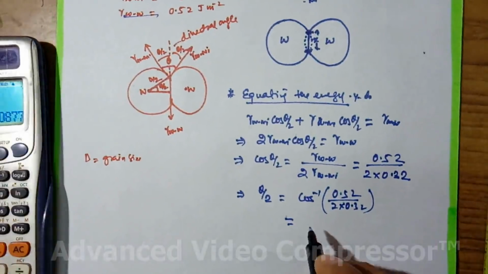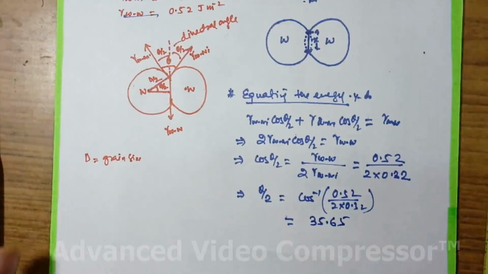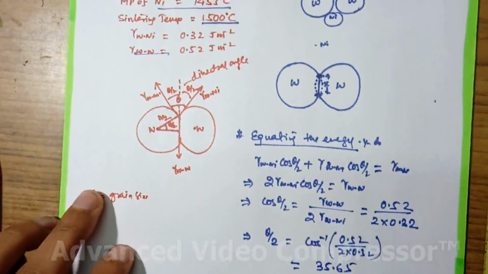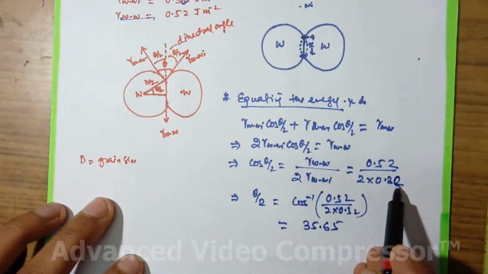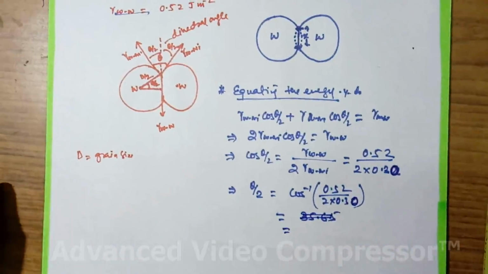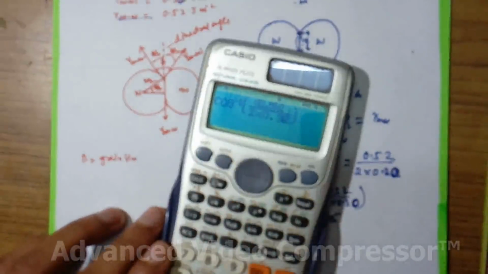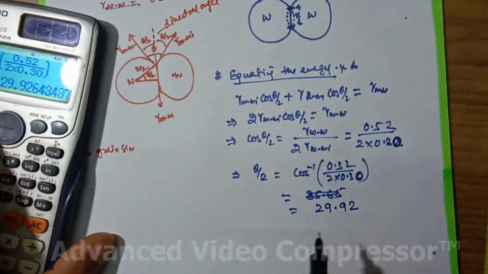Theta by 2 will be around 35.65. Let me check. Okay, actually the value of gamma tungsten-nickel is 0.30, so we need to use 0.30 here. After taking 0.30, this will come around 29.92.